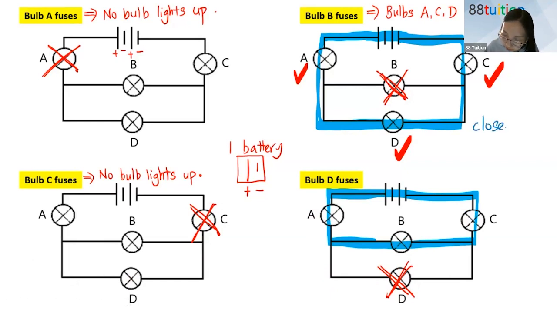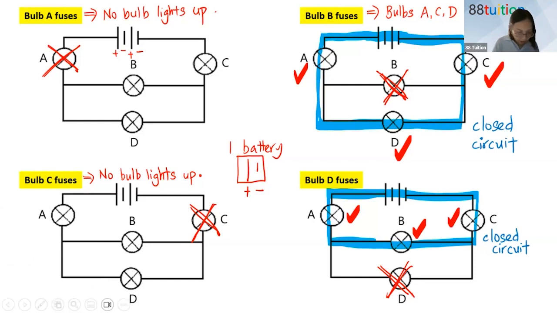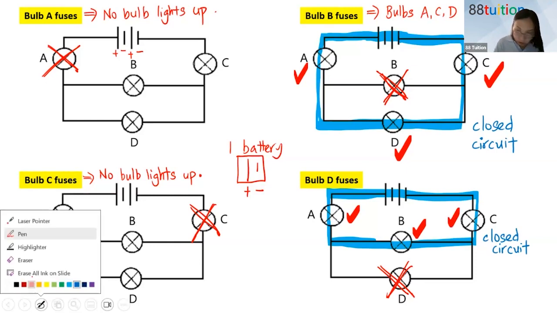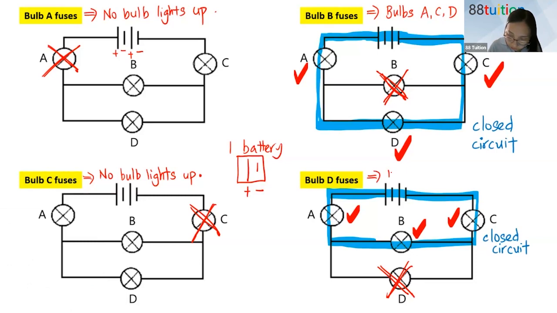Blue is the closed circuit instead of open circuit. So the bulbs that will light up will be A, B, and C.